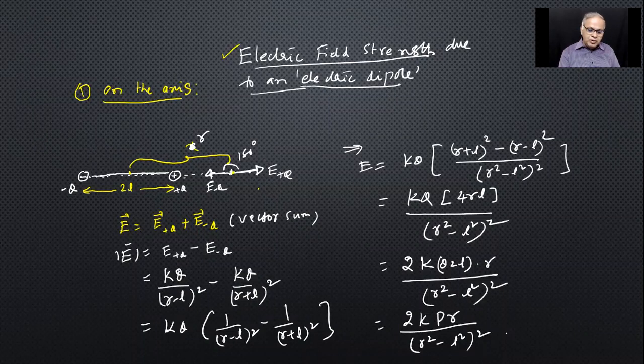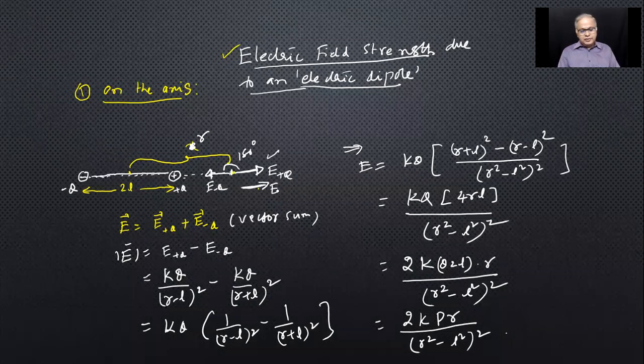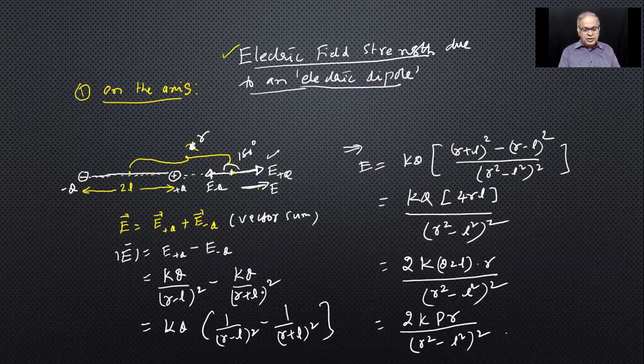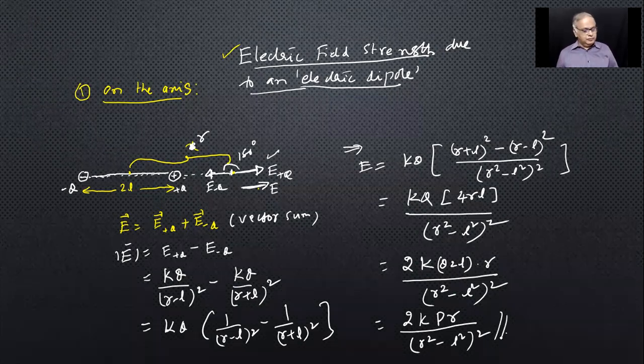And the direction will be this, because plus q is nearer, it will be along the axis only, but E will be this way, net E. Had there been minus this side, like if I reverse it, minus was here, plus was there, still the magnitude would be the same, but E would be towards the dipole along the axis. So this is the magnitude and the direction I mentioned.